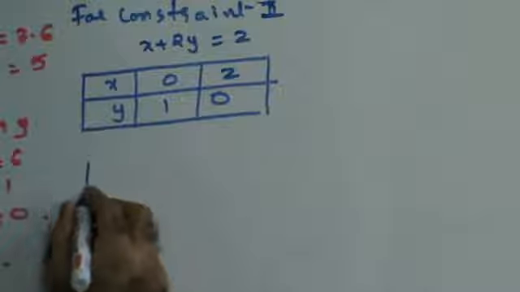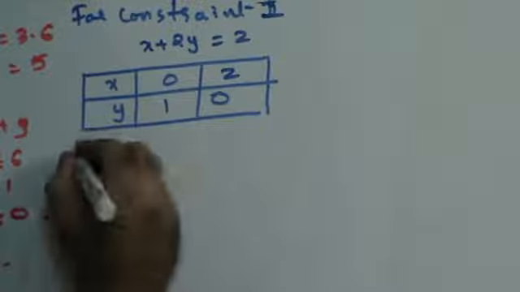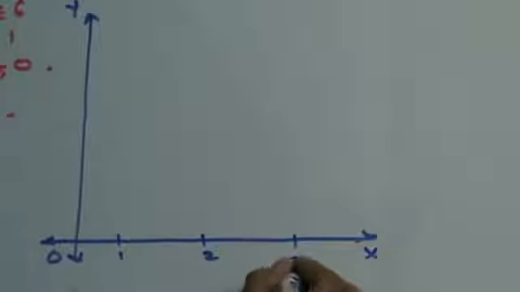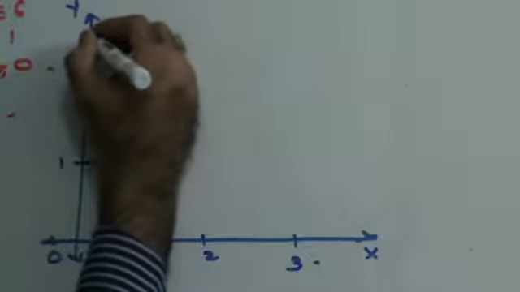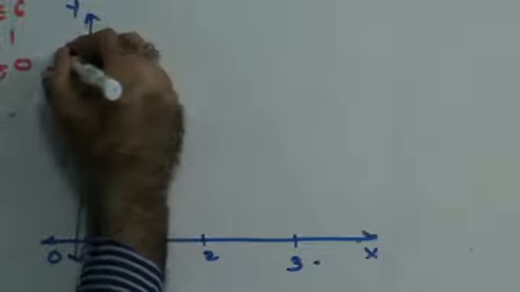let's make the graph. X, origin, y. X axis is 1, 2, 3, 1, 2, 3, y-axis is nothing but 1 and you just make a 2 here.